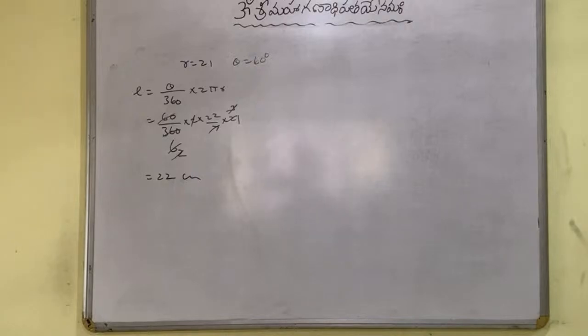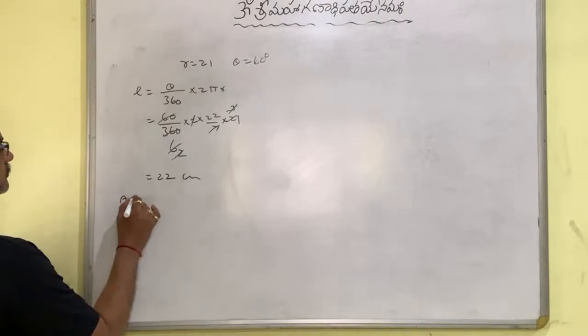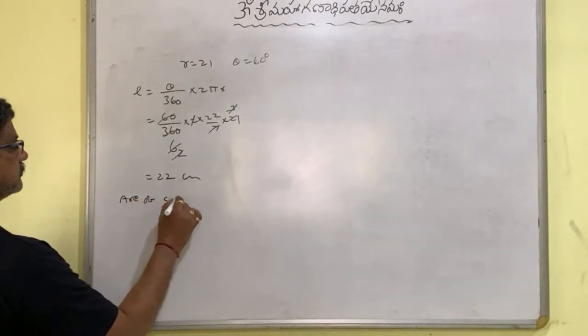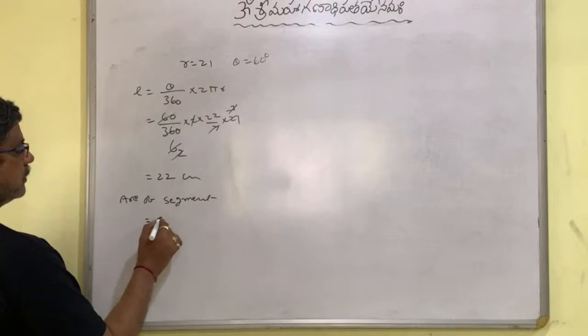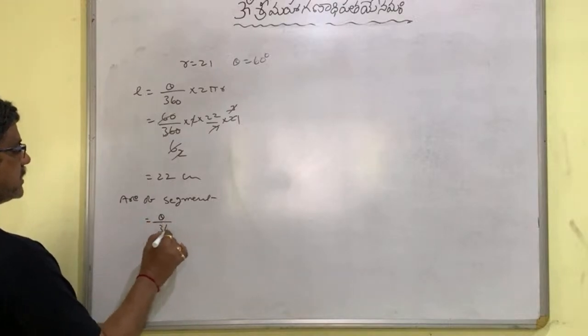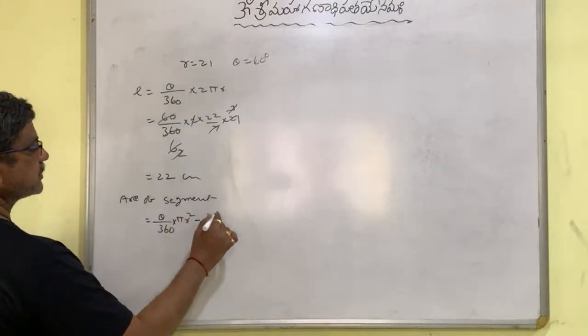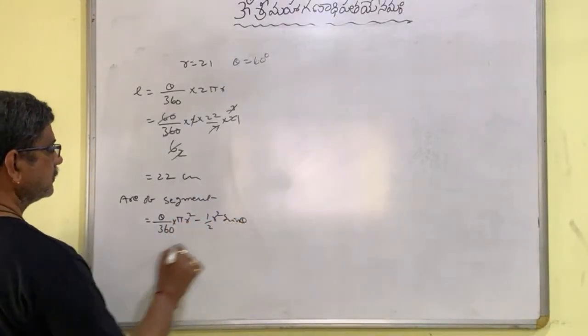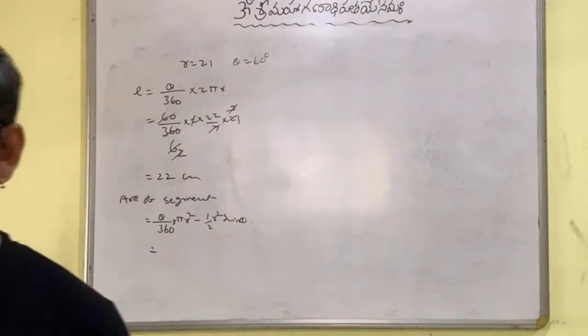Now segment area. Area of segment is theta by 360 into pi r square minus half r square sin theta. Find the value first.